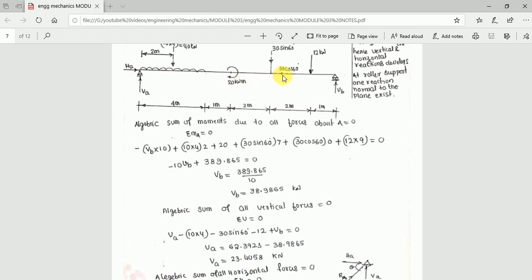This force is acting in the left-hand direction, that's why it is taken as negative. So HA minus 30 cos 60 is equal to 0. Upon simplification you will get HA is equal to 15 kilonewton. So up to here we are done with finding all the support reactions.